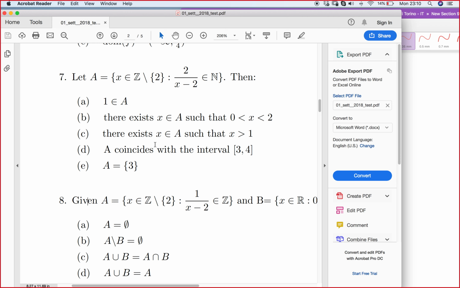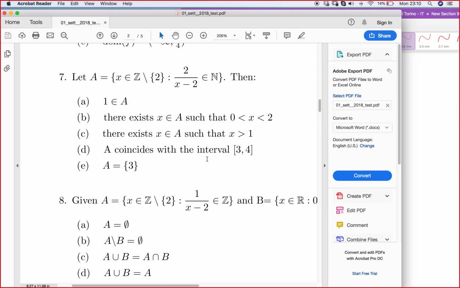C is saying that in the set A, it is possible to find an element that is greater than 1. Is this true or not? In fact, it's what C is saying, that there exists in A at least one element which is greater than 1. That is all. Is that clear now?